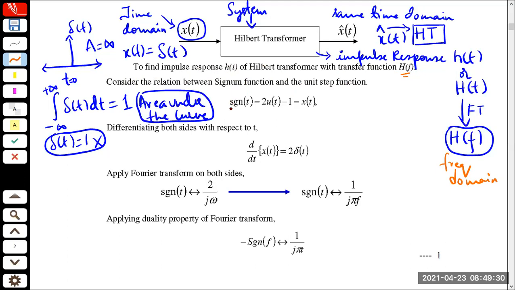There is a kind of signal called the signum function, short form sgn. This signum function can be thought of as a signal, because right now it's a function of time. Let's consider the signum function in the time domain.